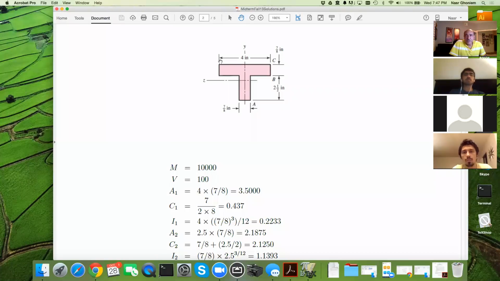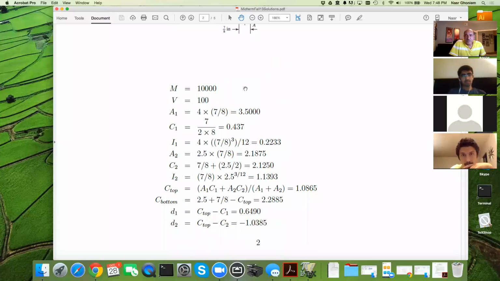And then we have to find I1 also for the rectangle, which is BH cubed over 12 for the top. And then the bottom one here would also be BH cubed over 12, its own native moment of area. And then we have to transfer the second moment of area using the parallel axis theorem. And that's what we did here.